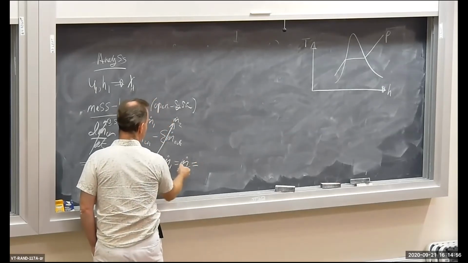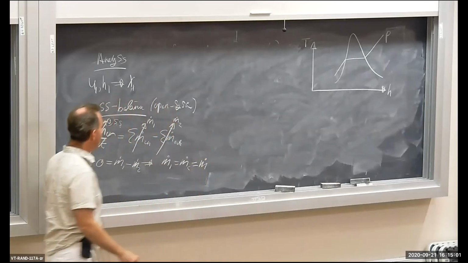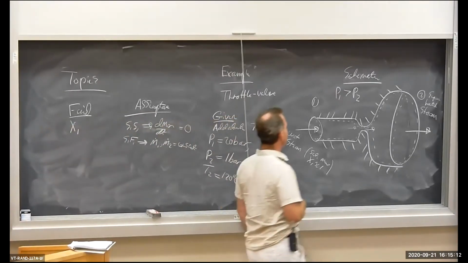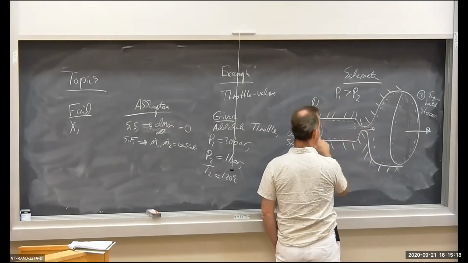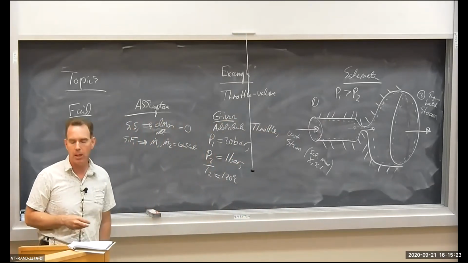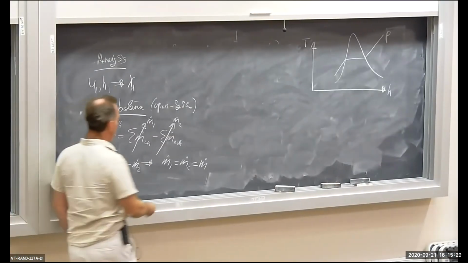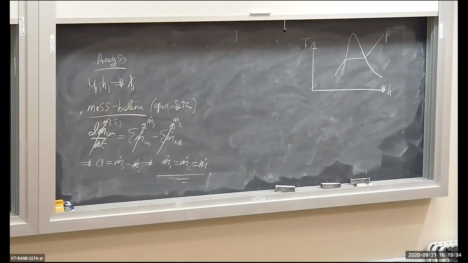Since they're the same, I'm just going to call the mass flow rate at the inlet and the outlet m dot. So instead of referring to m dot 1 and m dot 2, I'm going to drop the subscript. Inlet and outlet mass flow rates are the same and constant.